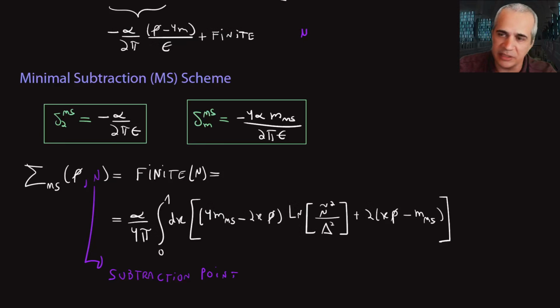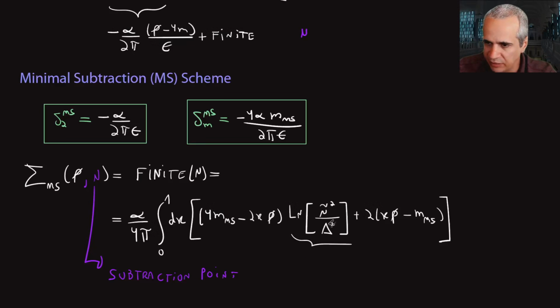Another subtraction scheme, which is very popular, especially almost 100% of the times when you're doing dimensional regularization, comes from the fact that this log hides a lot of constants, right?